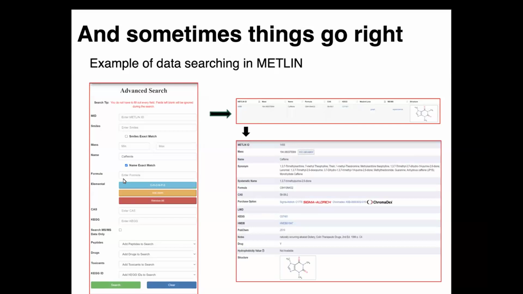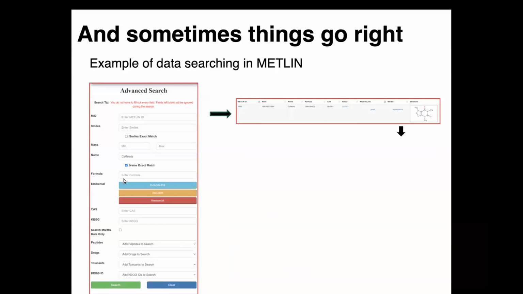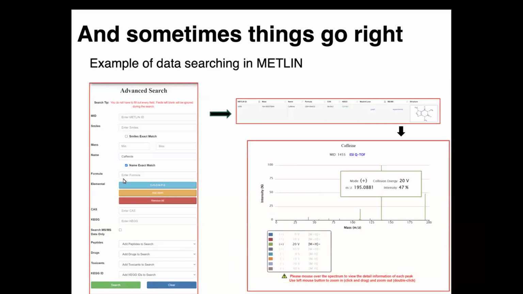And if you click on AMMS experimental, the AMMS information of the compound will show up. We collected AMMS data in 4 different collision energies in both positive and negative mode. And if you move the cursor over the peaks, you also get the information of that peak.